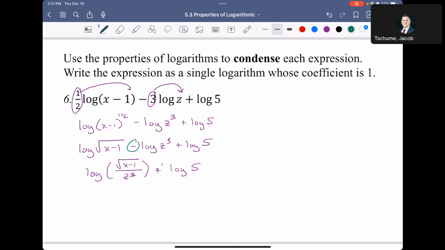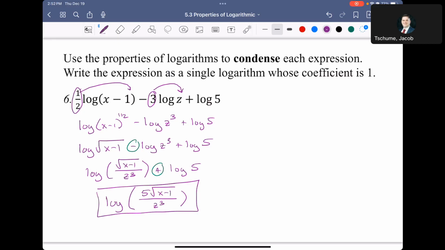And now I have 2 logarithms that are being added together. We've learned that when they're added, you can multiply them together. So this will give you a final answer of the log. If I multiply, that would be 5 times the square root of x minus 1 over z cubed. And that would be your fully condensed logarithm.